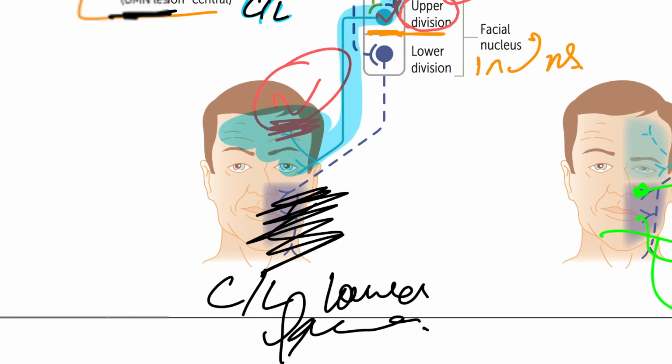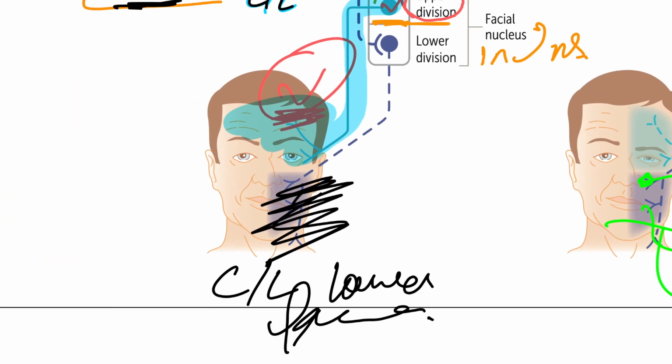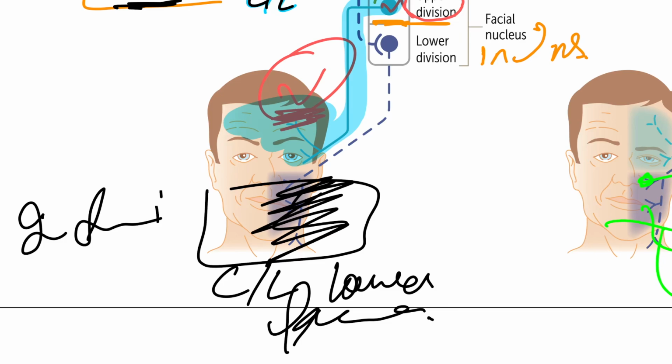On the other hand, for the upper motor neuron lesion, what did we develop? We just developed the facial things. For example, inability to smile on the affected side. Loss of nasolabial folds here again.